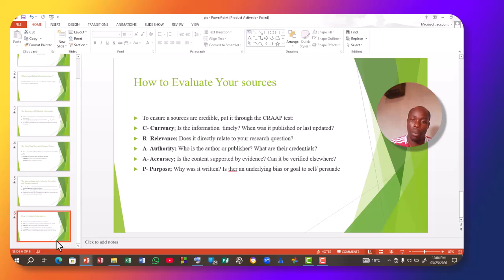When was it published or last updated? Let me make a clarification on this. Currency shows whether this is current information or long-term information.